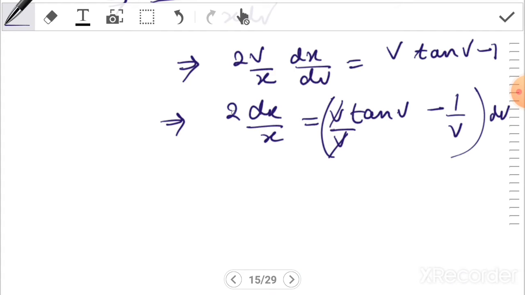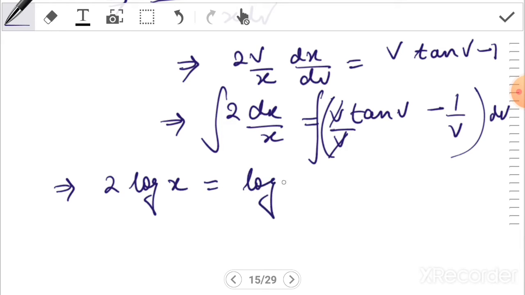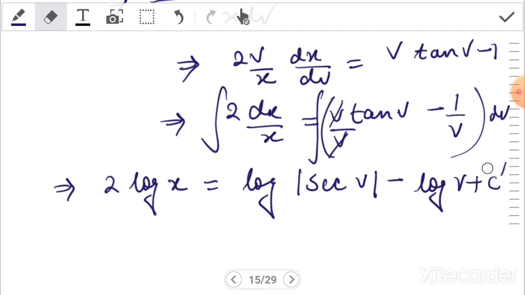So integrating both sides, this is 2 times log x is equal to log of secant v minus log of v plus some constant c, which can be written as log of some constant c.